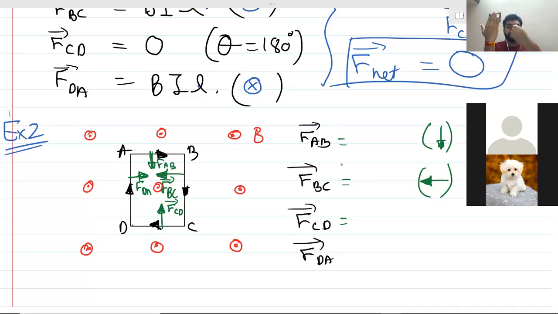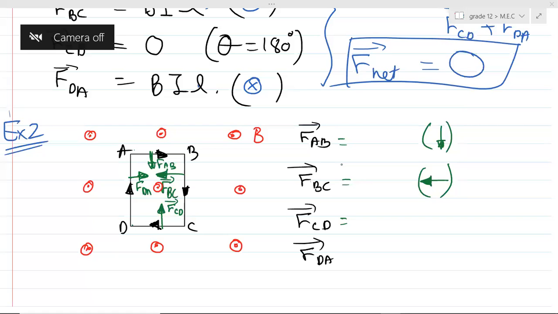Why do I turn it? Because the magnetic field is pointing towards me, and I want to move. I can't move my fingers like this, no? So that's why, because the magnetic field was over here. Sir, because everything is mutually perpendicular, I can use the left hand rule, right?